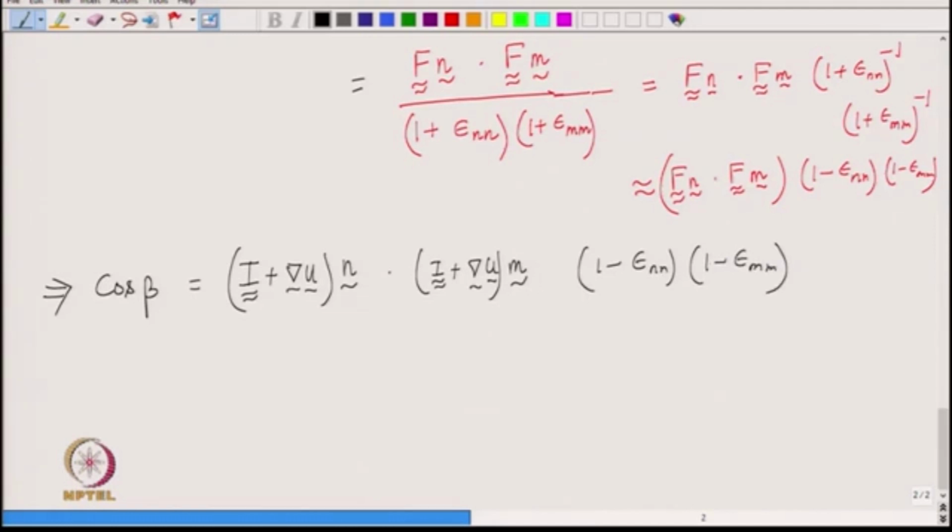Okay. And then we bring this on the other side, and we know that it has to become a transpose, and then you multiply them together just like earlier, and it becomes n dot identity plus grad u plus grad u transpose plus the quadratic term, you remember, which has to be dropped.